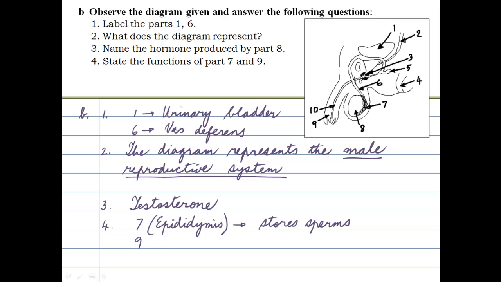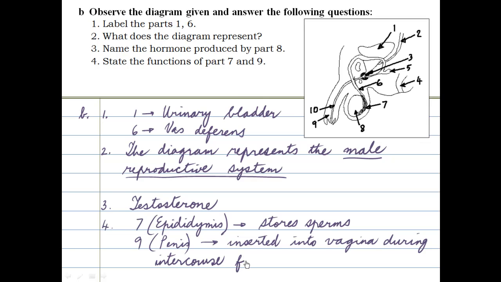Part 9 is the penis itself. So what is the function of that? It's inserted into the vagina during intercourse for transferring the sperms into the female reproductive system.